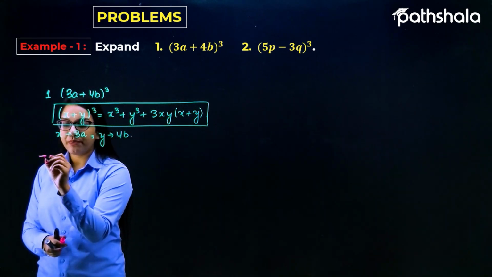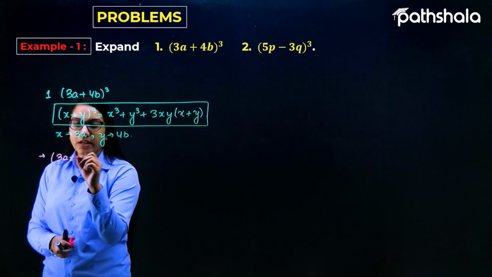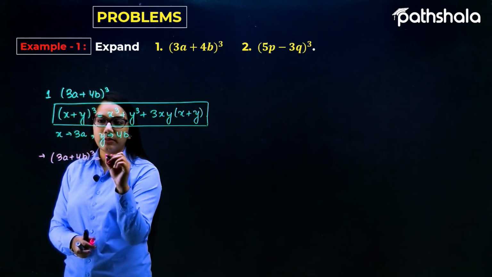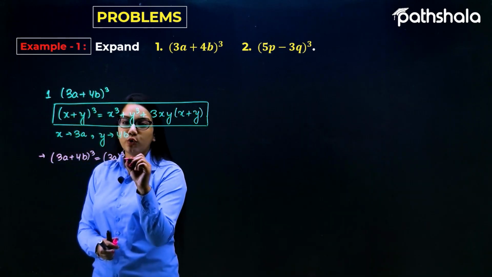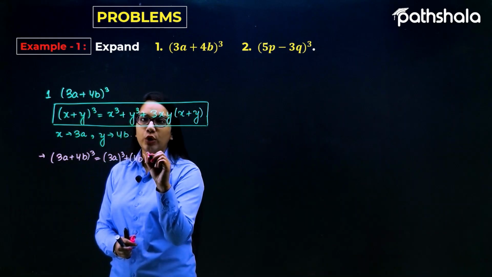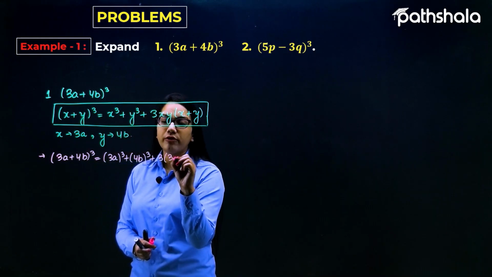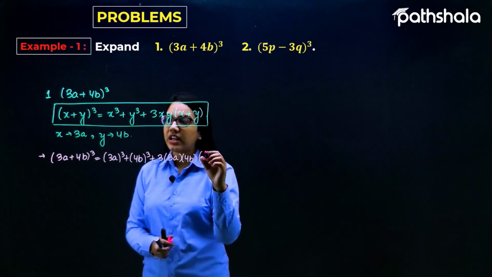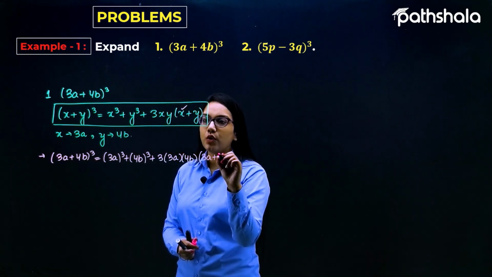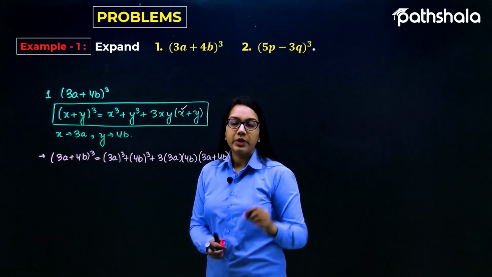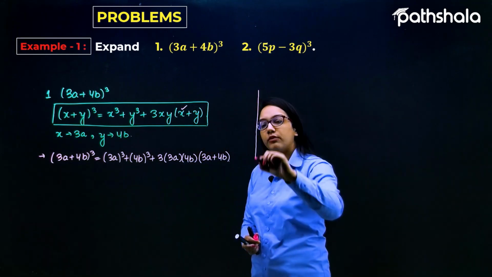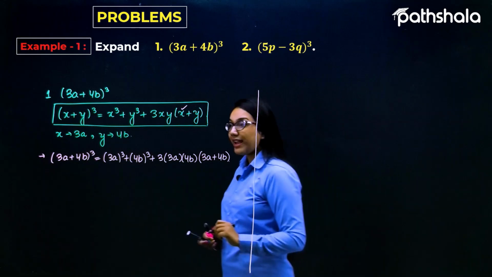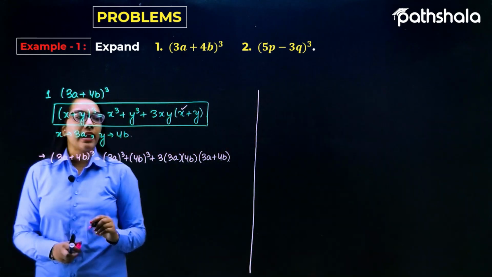So this will be (3a plus 4b) whole cube is equal to (3a) whole cube plus (4b) whole cube plus 3 into 3a into 4b, and in place of (x plus y) we can write 3a plus 4b.